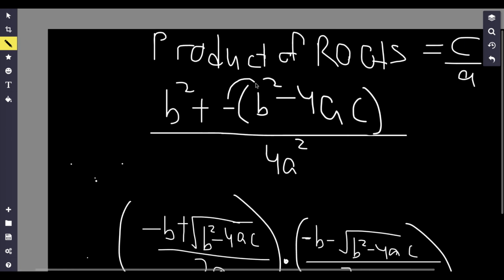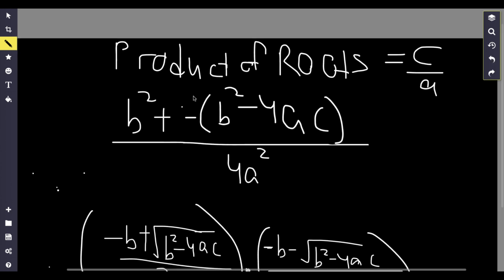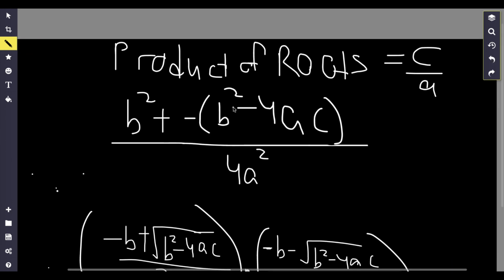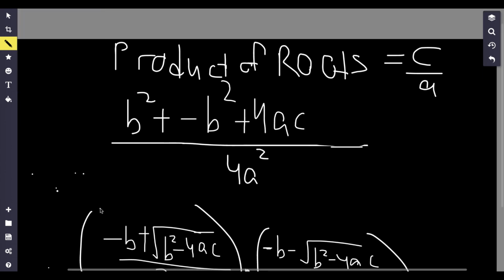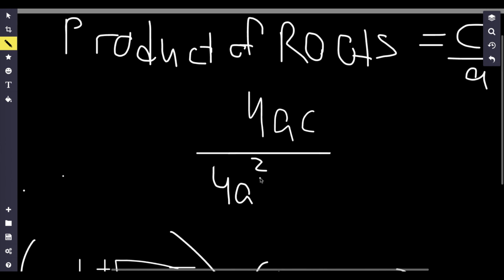And let's distribute the negative sign. When we distribute the negative sign, we get negative b squared and then plus 4ac. So negative b squared plus 4ac. Now you'll notice how this positive b squared and this negative b squared cancel out. So we're left with 4ac divided by 4a squared.